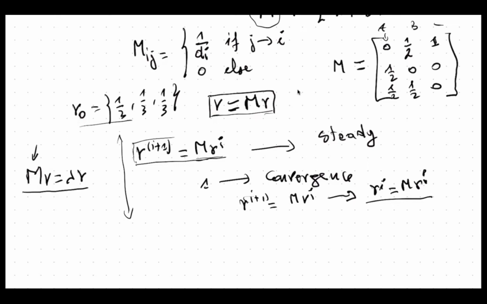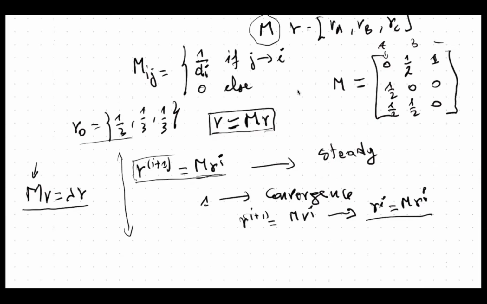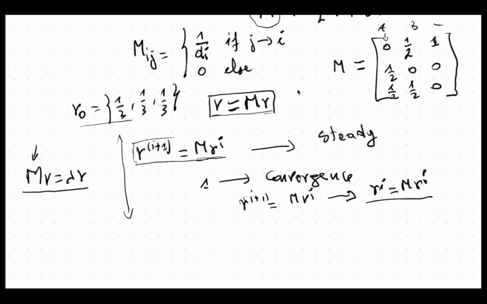So yes, indeed, pages can link to themselves. And finally, when you reach the steady point, you give this R as the final result. That makes sense?